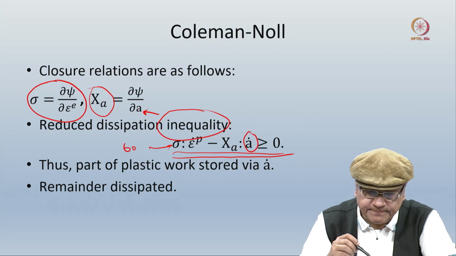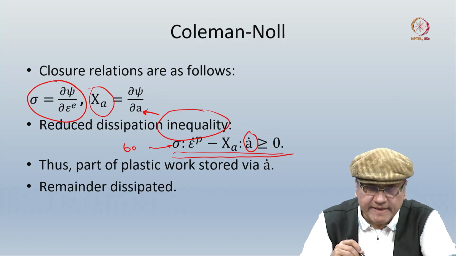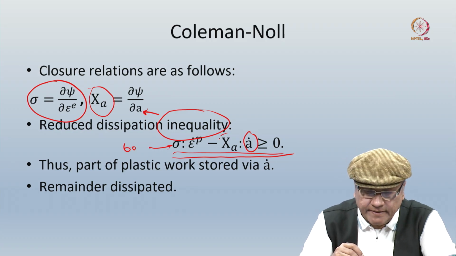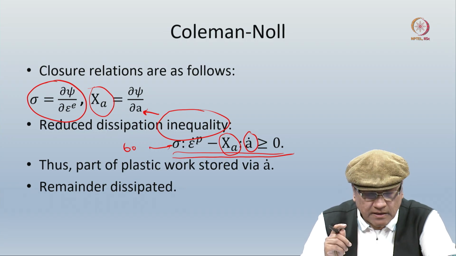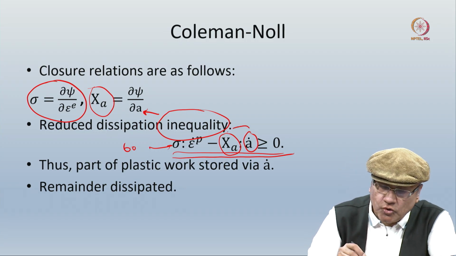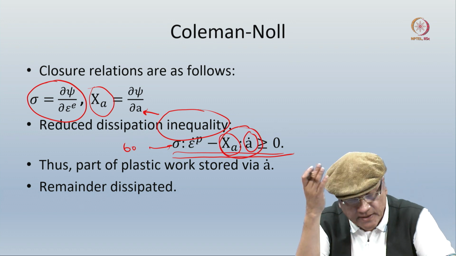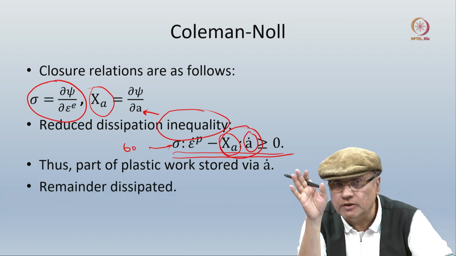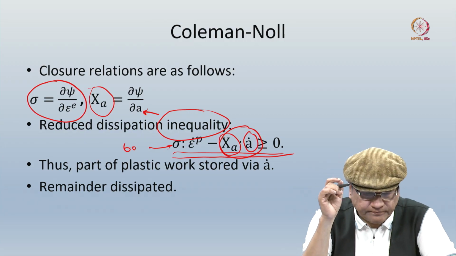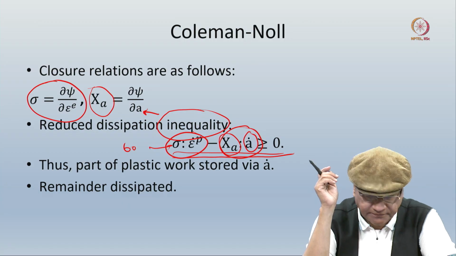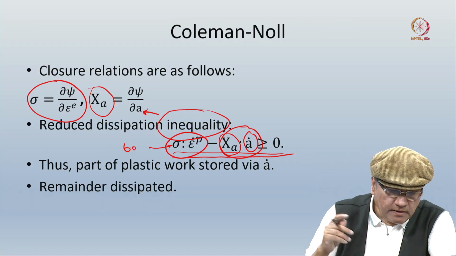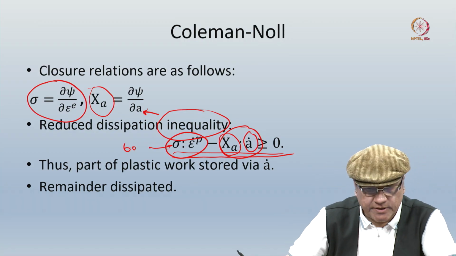So, this here X A is the corresponding thermodynamic force. So, basically this is a stored energy as before, like the hardening case. It is perfectly analogous. This is the total plastic work, and the remainder is dissipated into heat.